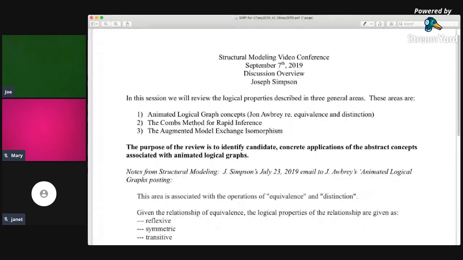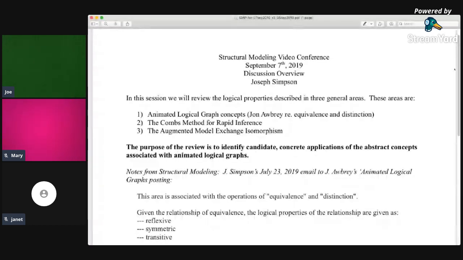So this also, when looking at animated logical graph concepts, reminded me of some of the work that was done by Combs in his method for rapid inference, and which also connects to the augmented model exchange isomorphism. It also connects to the augmented Boolean operators that were created by Warfield.